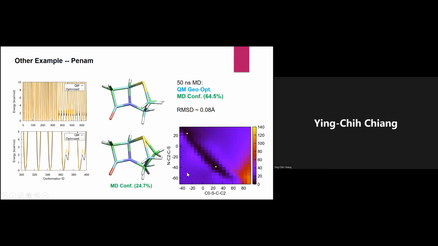And this we also validated by doing a 2D dihedral scan to show what the quantum potential is like. So this is the quantum potential, and as you can see, this is the major conformation, and this is the minor conformation. So indeed, there is a potential valley that can bring you from one conformation to the other.